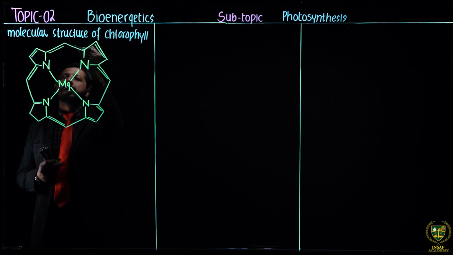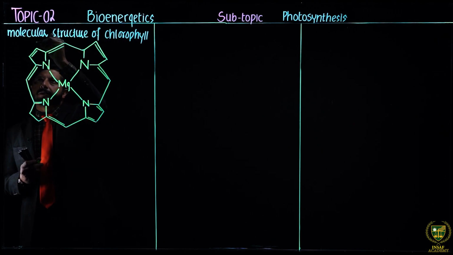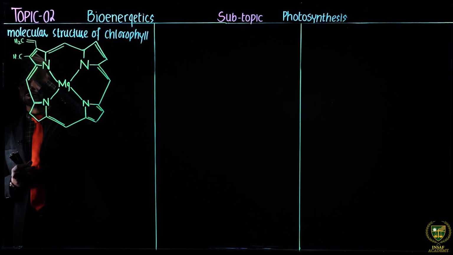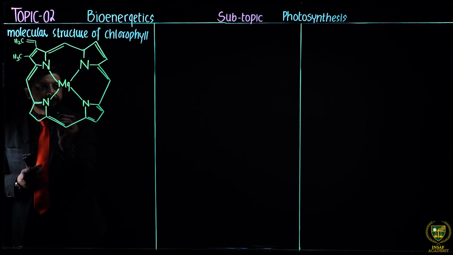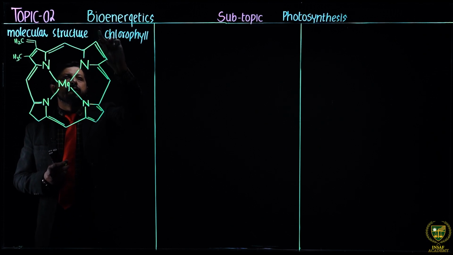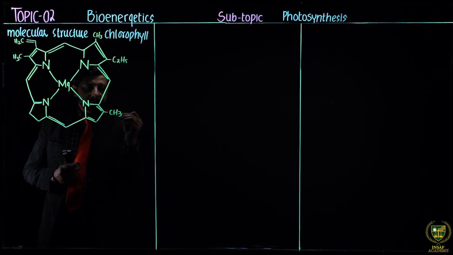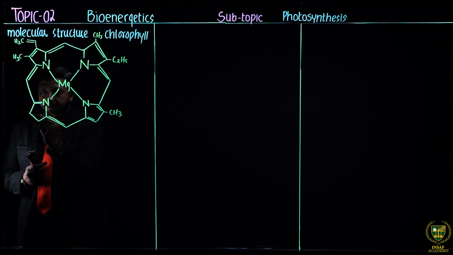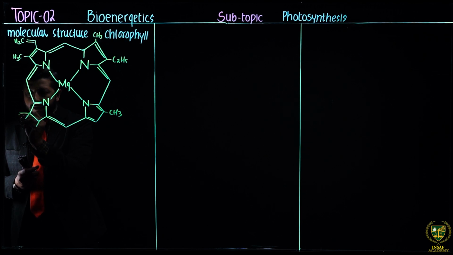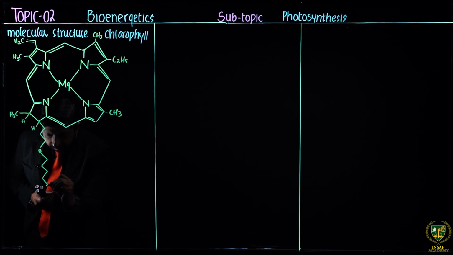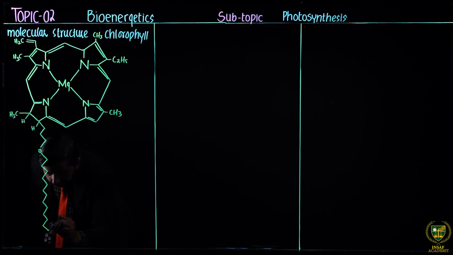And over here is CH2, CH3, and over here is CH3, C2H5, CH3, and CH3, hydrogen, hydrogen.